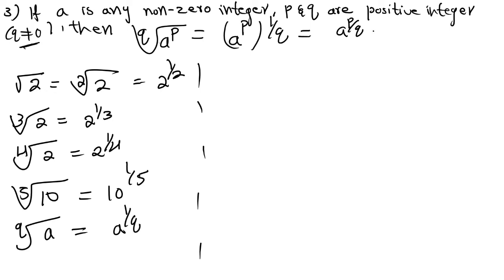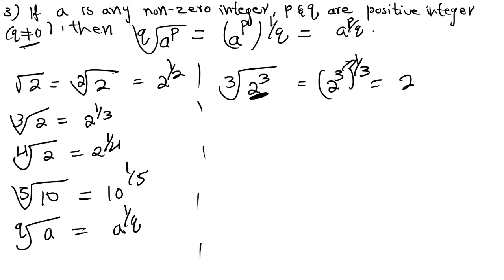So similarly, say cube root of 2 to the power 3. Cube root of 2 to the power 3 means 2 to the power 3, this number to the power 1 by 3. So if you multiply this one, a to the power m to the power n is a to the power mn, right? So 2 to the power 3 into 1 by 3 is equal to 3 by 3. Or take a fourth root of 2 cube.